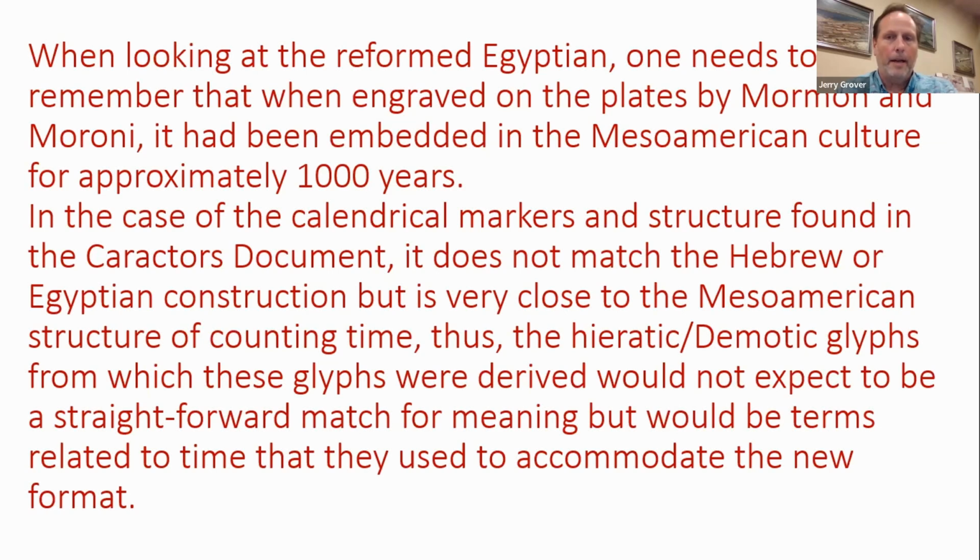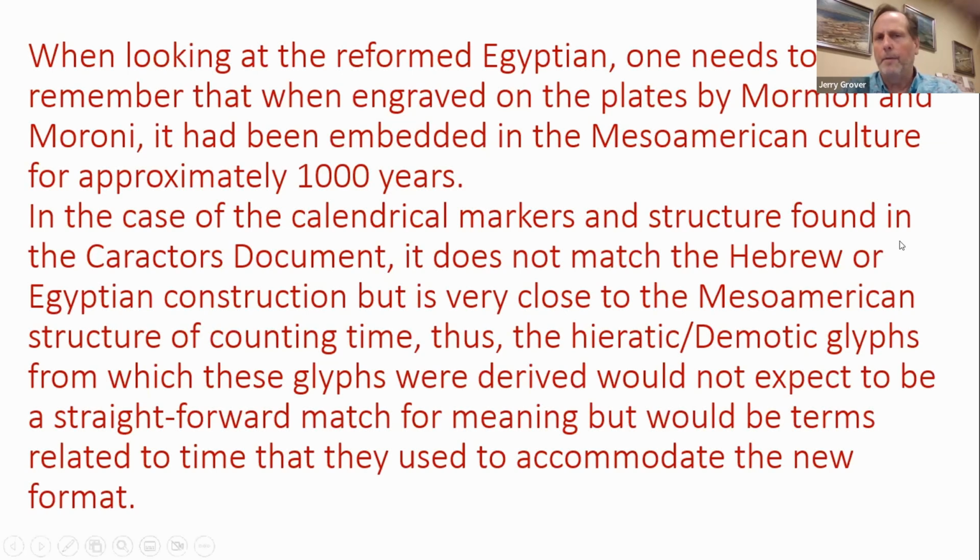The hieratic and demotic glyphs used to derive these calendrical markers do originate in the Egyptian, but the Egyptian didn't really have an equivalent. So you'll see that they're modified or stylized somewhat to accommodate this calendar system that didn't exist in Egypt, but they still utilize the Egyptian as a descriptor or designation of the calendrical system.